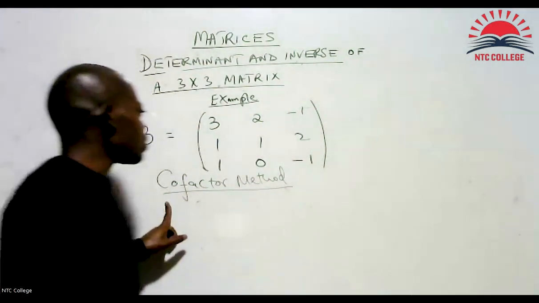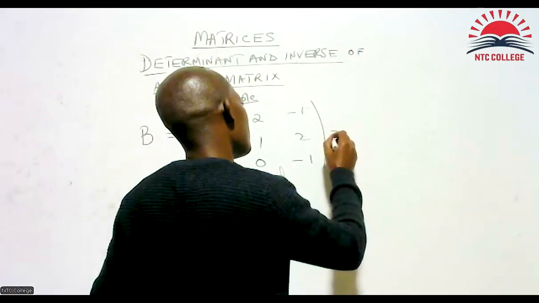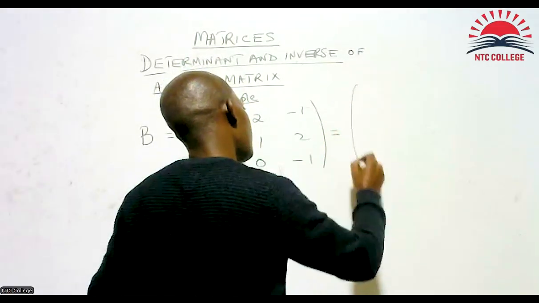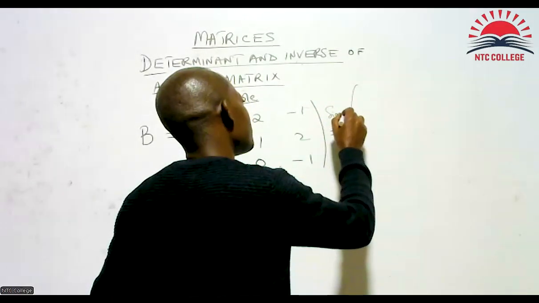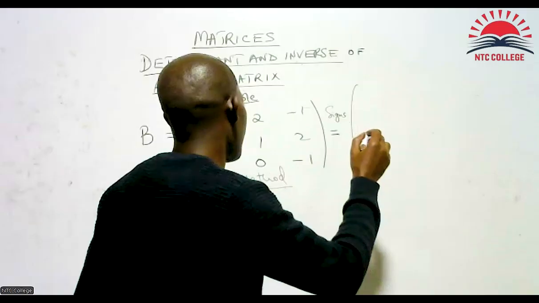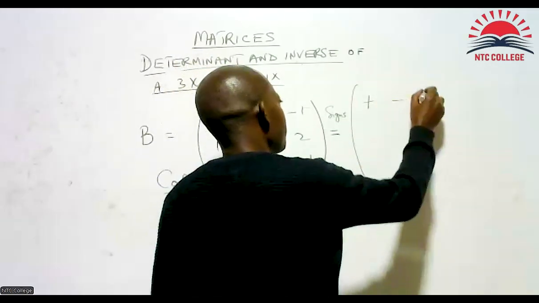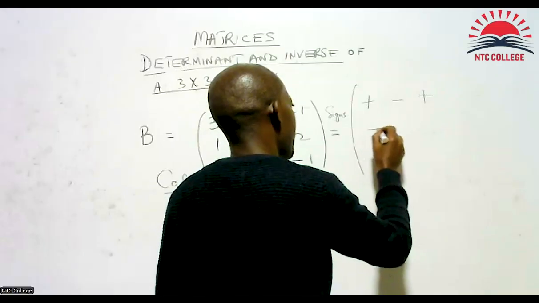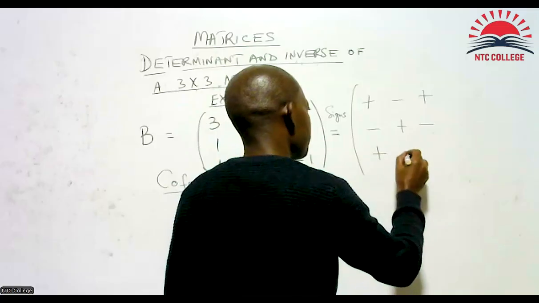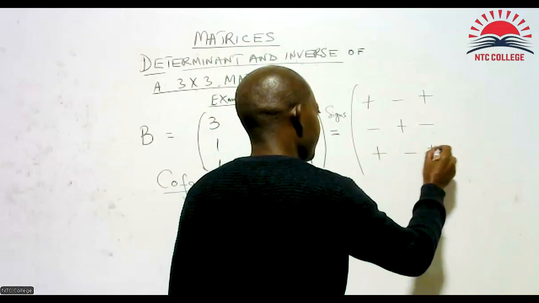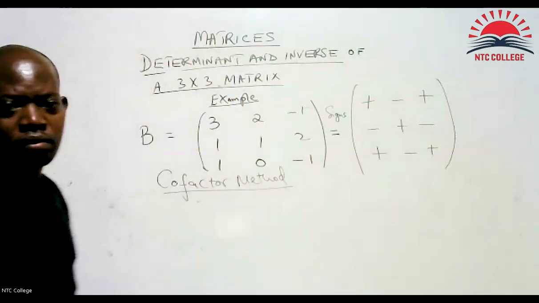The starting point would be to understand, and let's take every note as we go through this, that there are certain signs which we must use in the cofactor method, and these signs are as follows: plus, minus, plus, minus, plus, minus, plus, minus, plus. I would like us to take it as such.